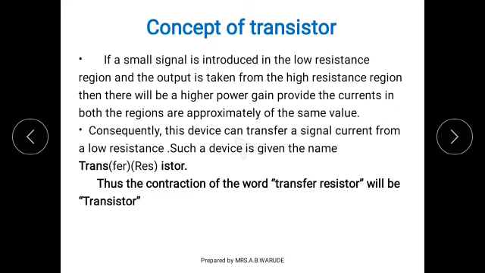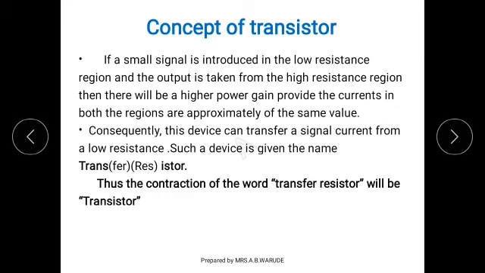Then what is the definition of transistor? The name transistor is given to a solid state semiconductor electronic device, which is capable of transferring a signal current from a low resistance PN junction to a high resistance PN junction, causing the amplification action.